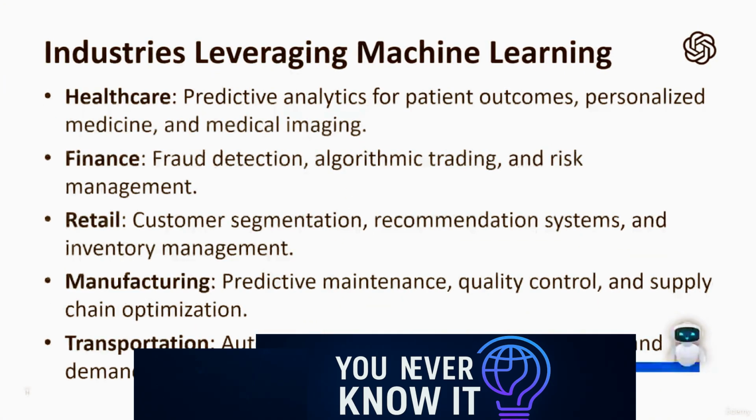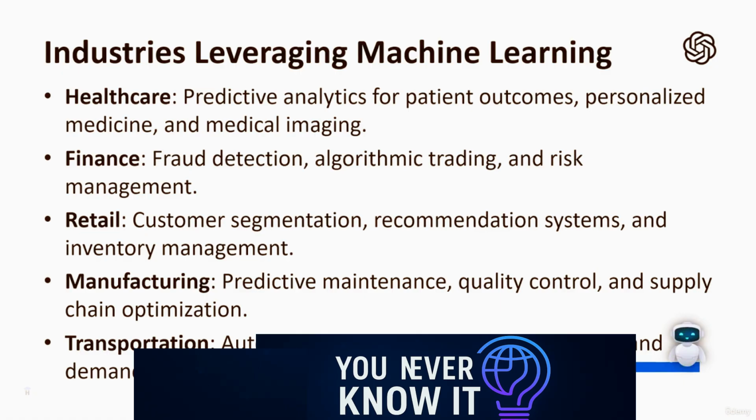So which industries are leveraging machine learning, where it can possibly be applied. In healthcare, we can use predictive analytics for patient outcomes, how the input is given and what outcome we can get, personalized medicine recommendations, and medical imaging.